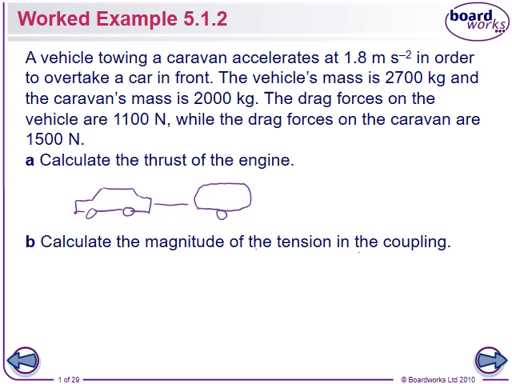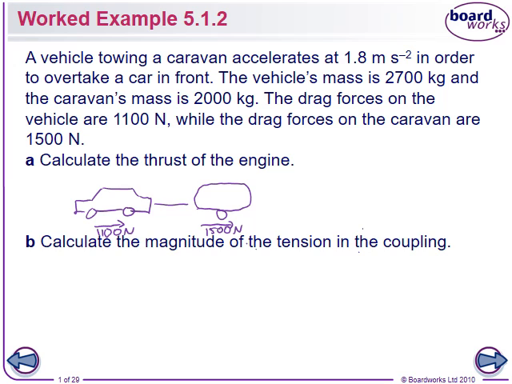We have drag forces on the vehicle of 1,100 newtons, so we have a force backwards of 1,100 newtons. And we have a force on the caravan of 1,500 newtons. So these are our frictional forces, or drag forces, which include friction and air resistance. What other information have we got?